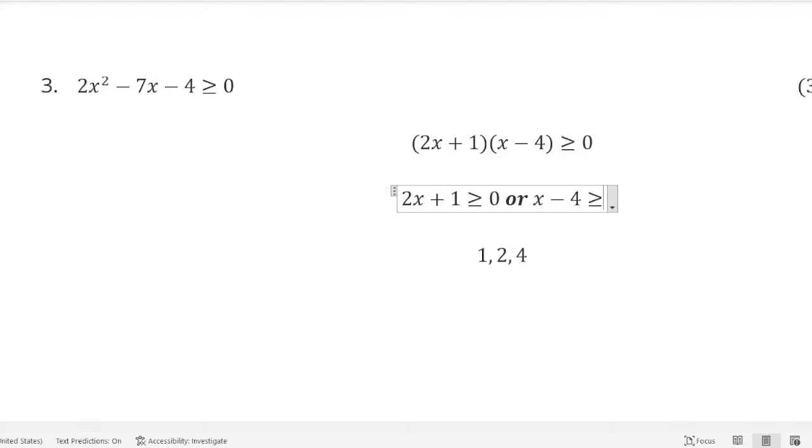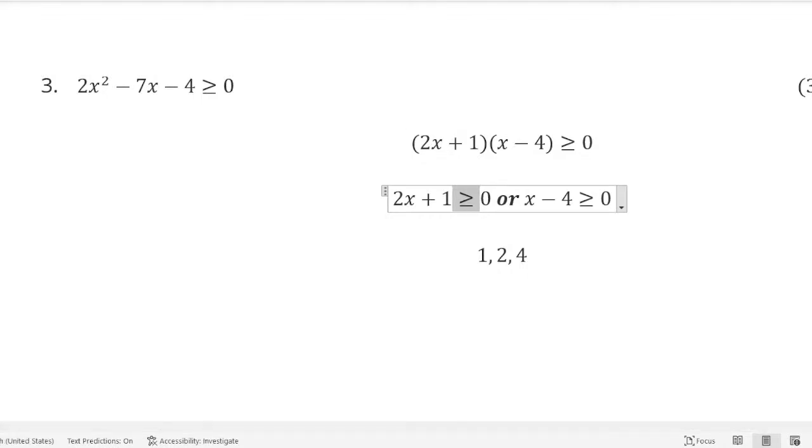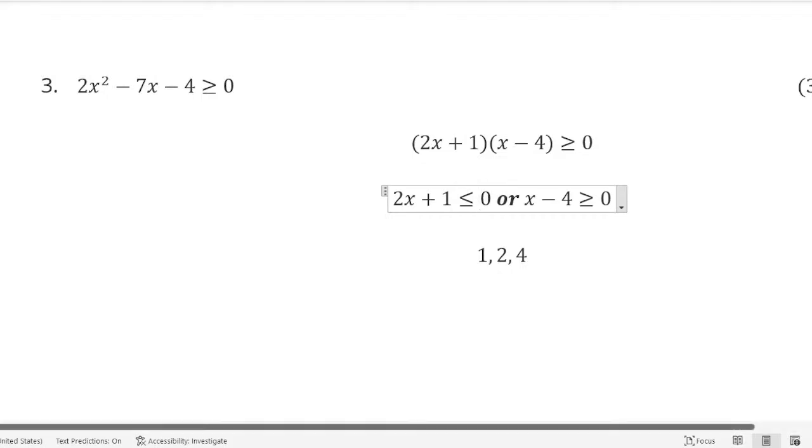Okay, I'll explain something here. So here we'll say 2x plus 1 is less or equals to 0. Why? Okay, let me explain.